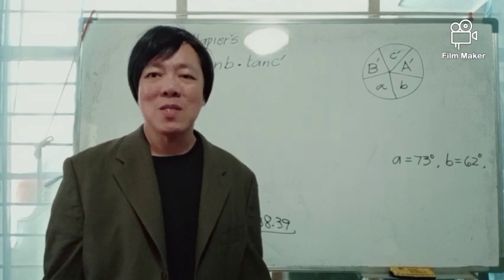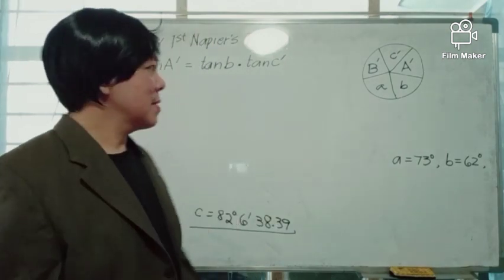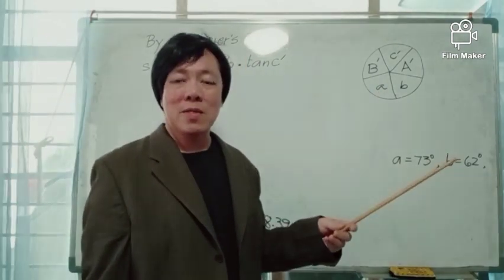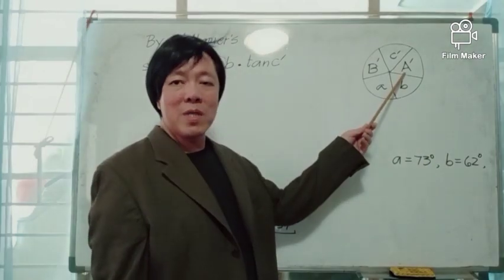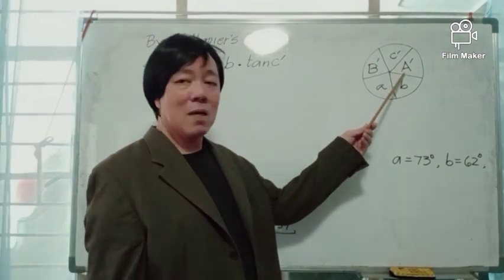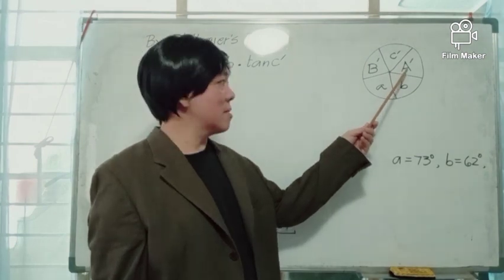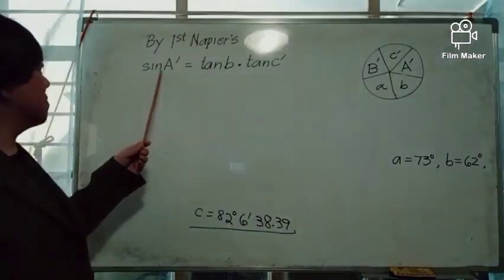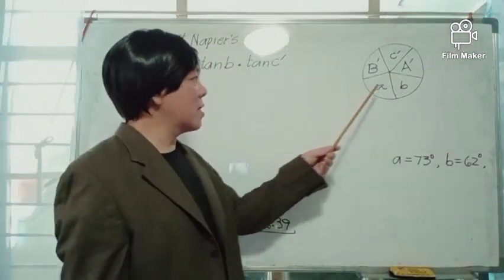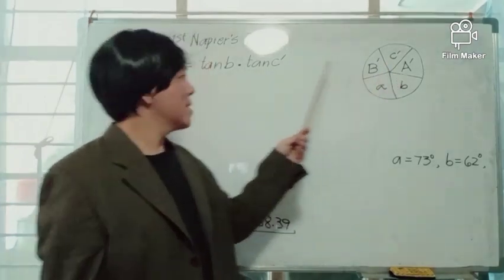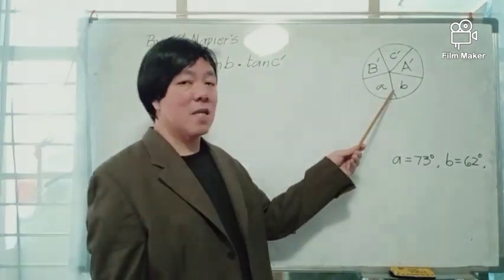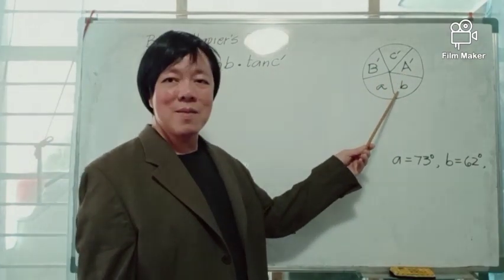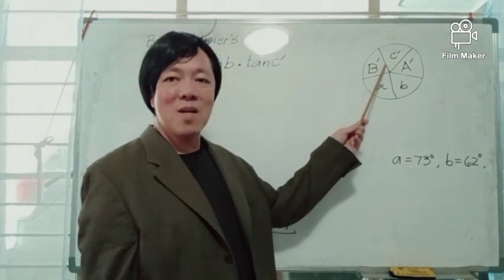Write the equation from which we can solve for the angle capital A using the first Napier's rule. The first Napier's rule states that the sine of the middle part, A prime, is equal to the product of the tangents of the adjacent parts. If A prime is the middle part, the adjacent parts are small b and small c prime.